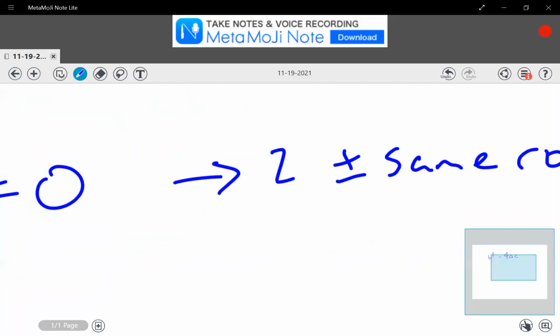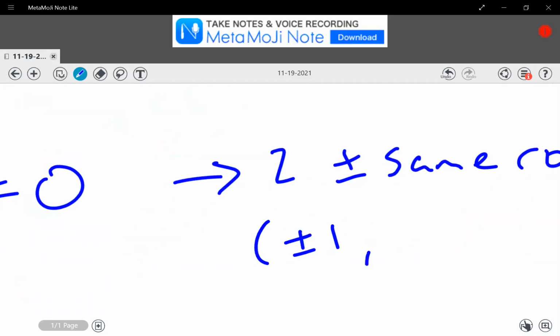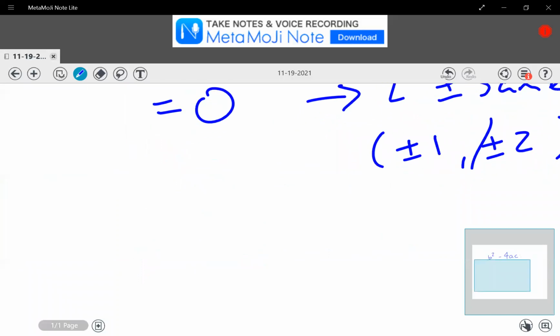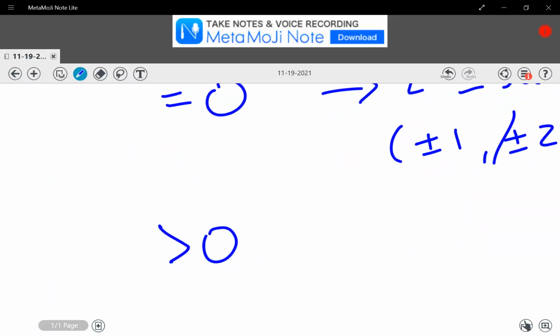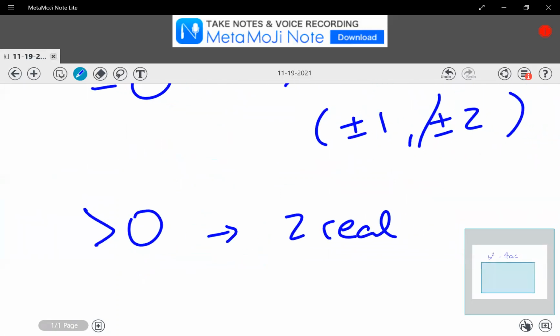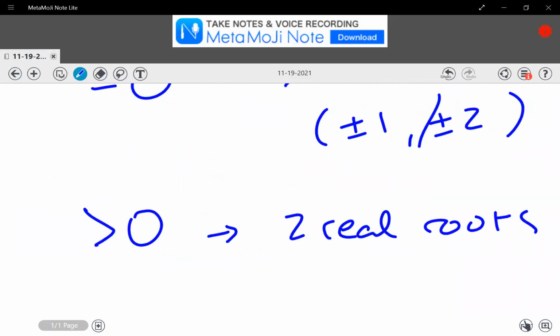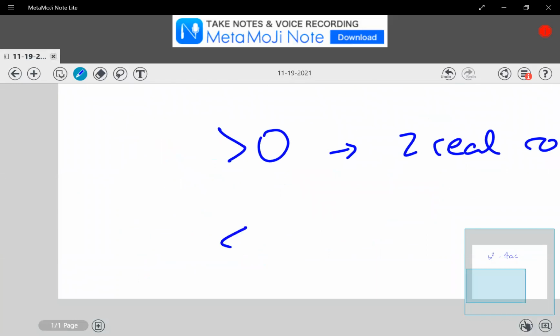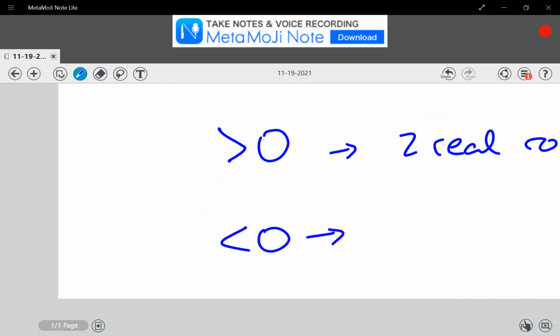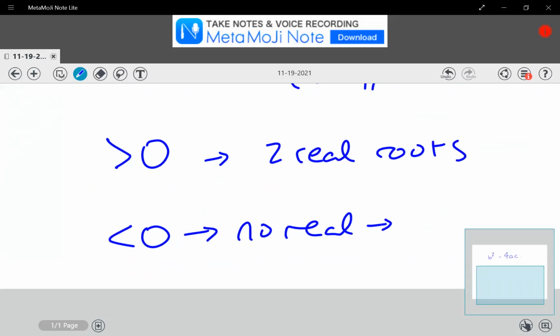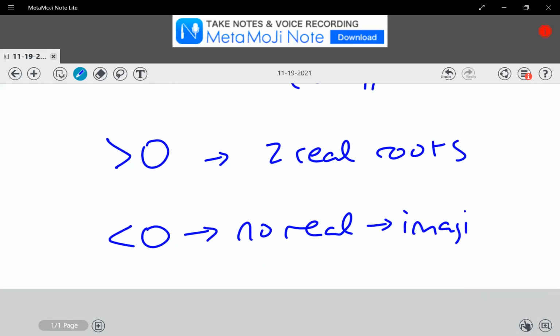This means we're just going to have plus or minus 1, plus or minus 2, and so forth as our roots. I'm going to have two of them. If it is greater than 0 and positive, there are two real roots. However, if it is less than 0, there are no real roots. They are all imaginary.